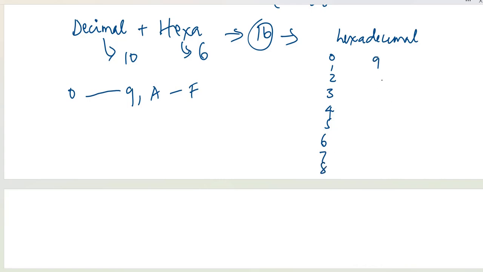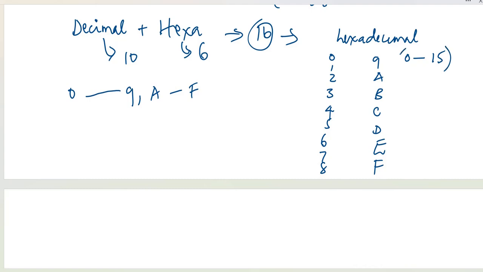So instead of having 10, we have A, B, C, D, E, F. In the position of 10, we have A. In the position of 11, we have B. In the position of 12, we have C. In the position of 13, we have D. We have 14 as E. Then in the position of 15, we have F. In other words, we don't have 16. So we are having numbers running from 0 to 15.